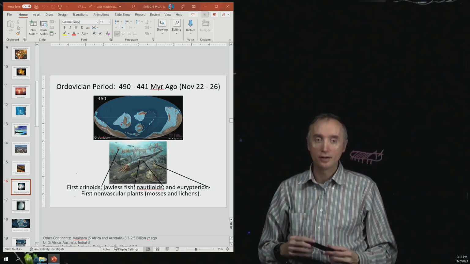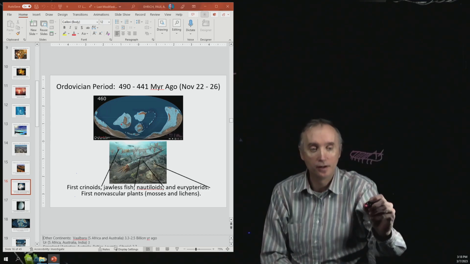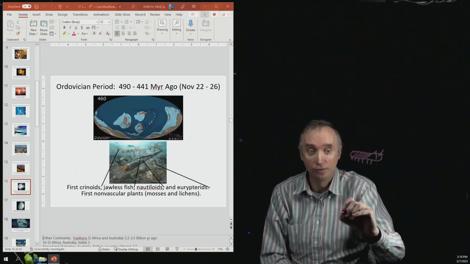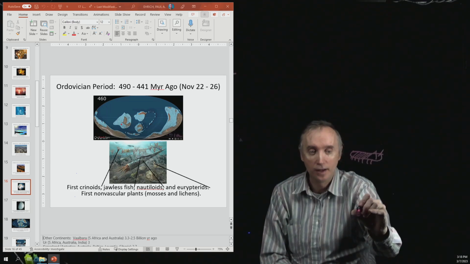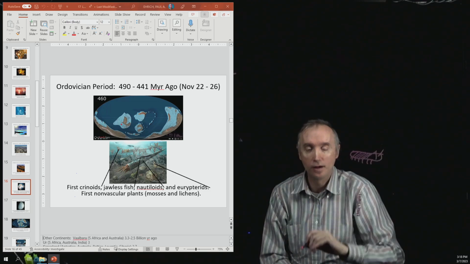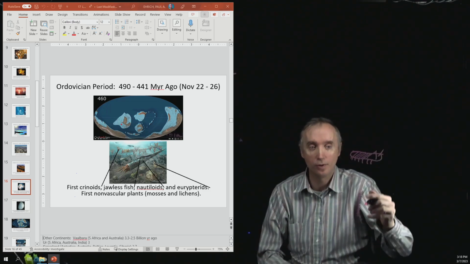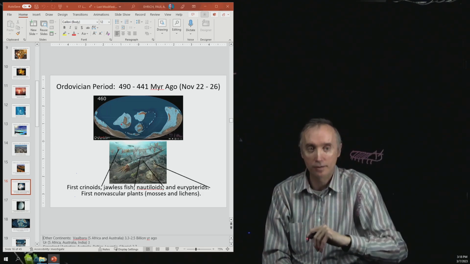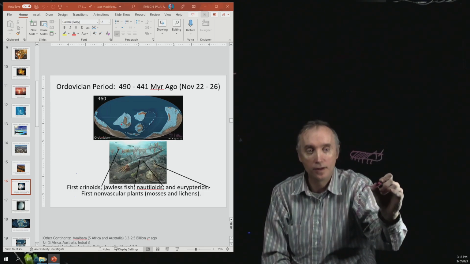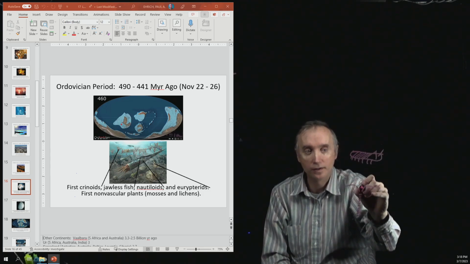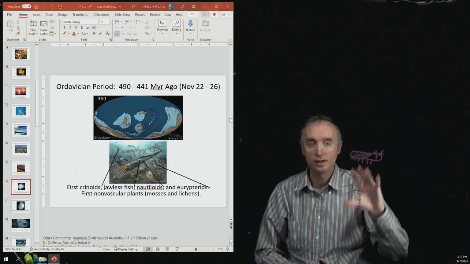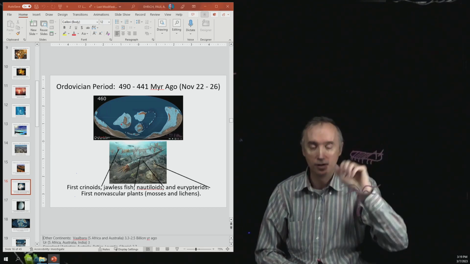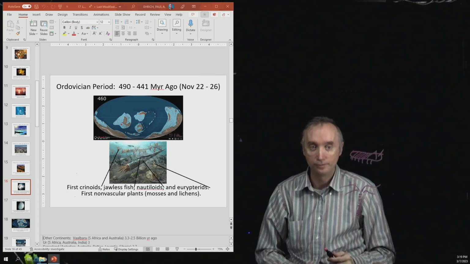So we haven't talked about crinoids that much, but crinoids are an animal, so they're not a flower, and they have calcium carbonate that they make that they protect their bodies with, and then they have a stalk that they anchor to the bottom of the ocean. They're going to have tentacles that come out of the head, and then the tentacles are filtering the ocean water for food.